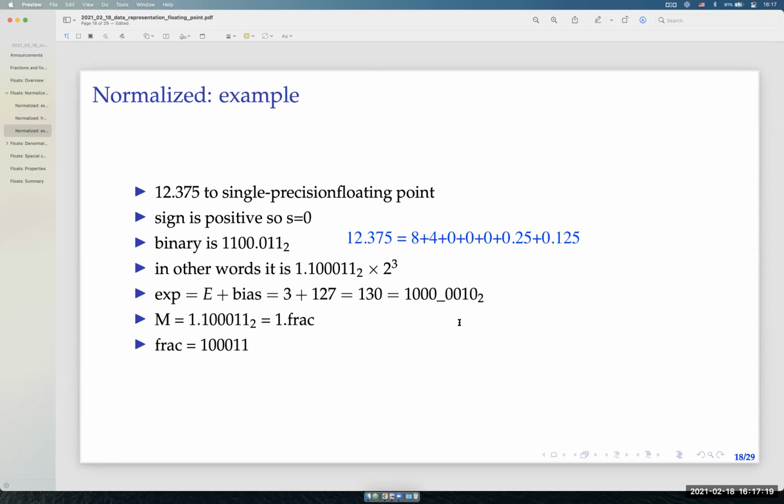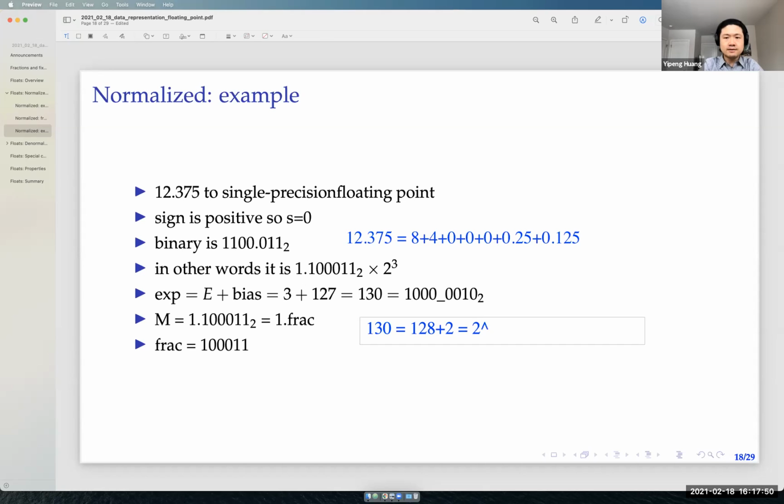Sure. So 130. Does anybody want to take a shot at how 130 is encoded as an unsigned binary number? Bernice is saying it's 128 plus 2. And 128 is actually 2 to the power of 7, plus 2 to the power of 1.